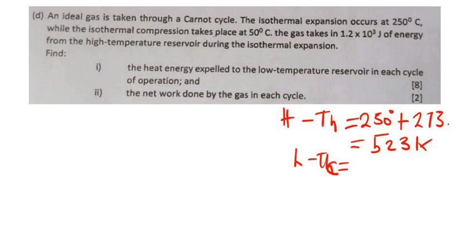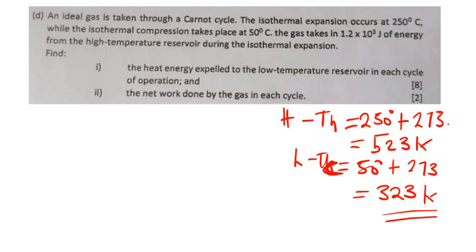In this case I'm going to say TC. For the low temperature we've been given 50 degrees, that is the compression, plus 273. So 273 plus 50, I have 323 Kelvin. This is what I have as the low and the high temperature.